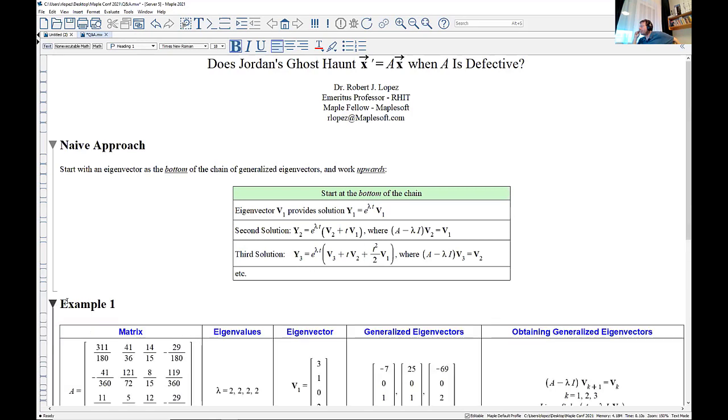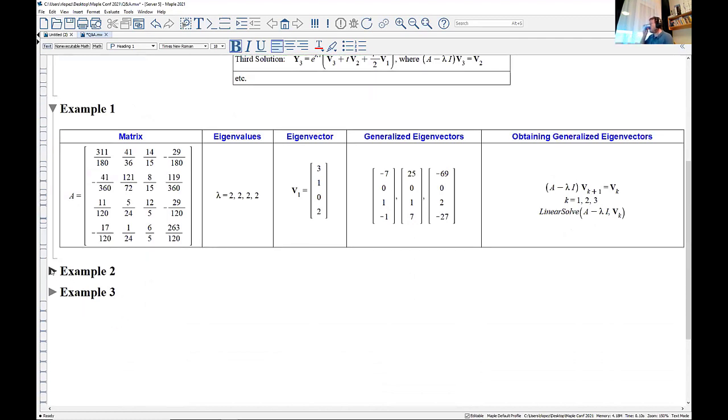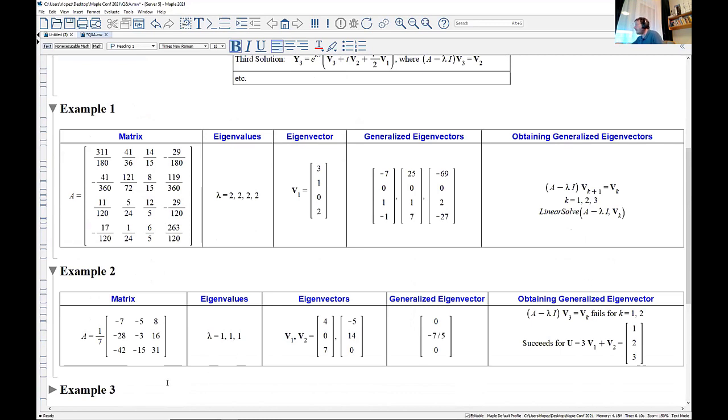Is that enough? Do we do our students a favor when we teach them that? So here's an example. For 4, lambda is repeated 4 times. You have one eigenvector. You can generate these 3 generalized eigenvectors by going up the chain. It worked. So there's an example where the naive approach works. Now here's an example, 3 by 3, repeated eigenvalue 1.